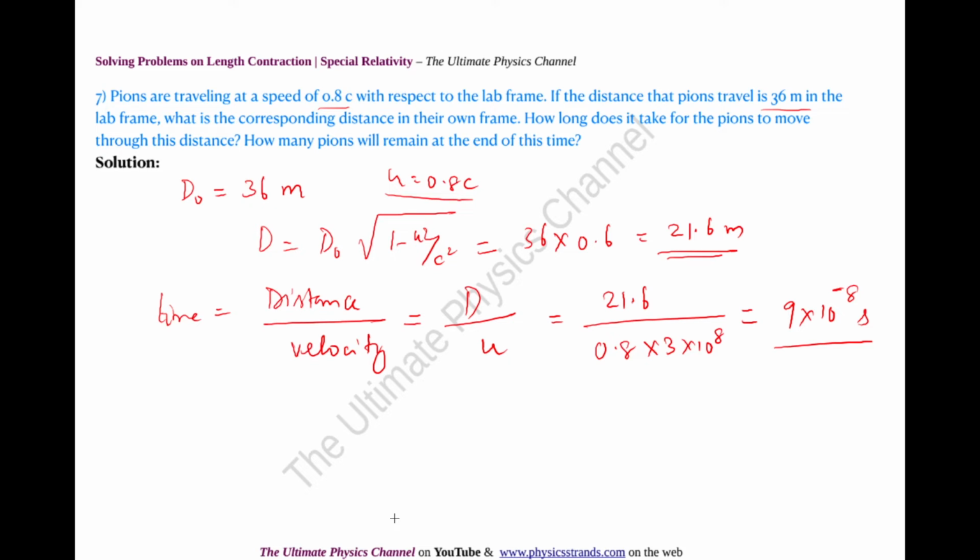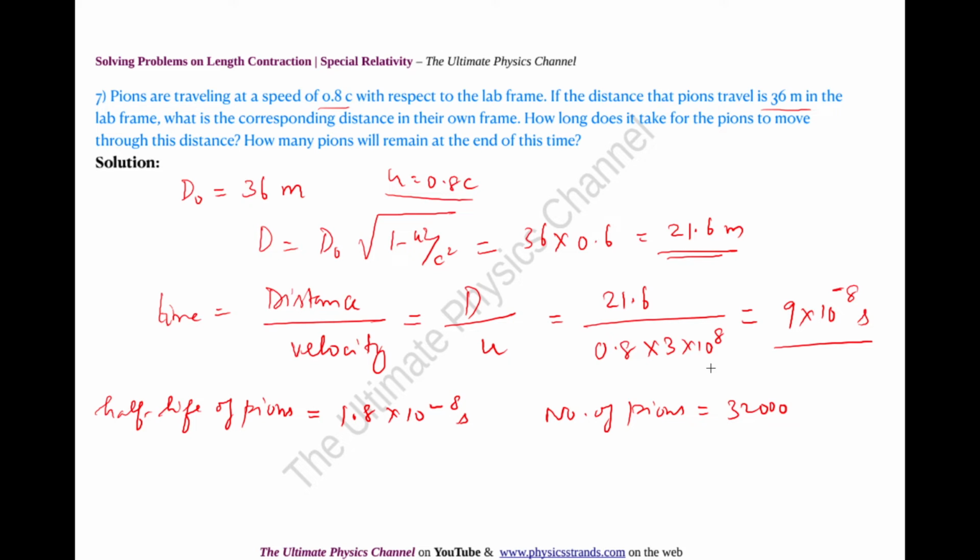Now, the pion's half-life in their own frame is 1.8 into 10 power minus 8 seconds, and the number of pions initially is about 32,000. Now, how many half-lives are there compared to this time?